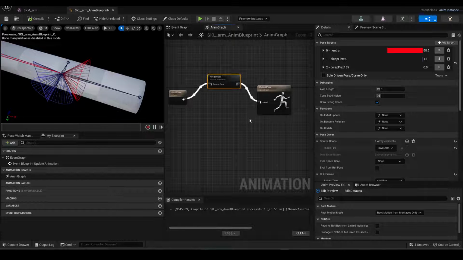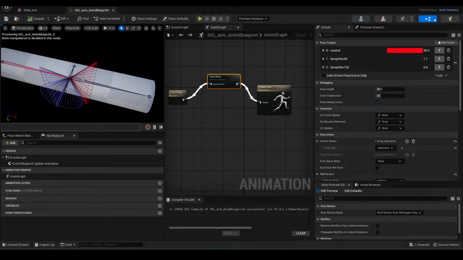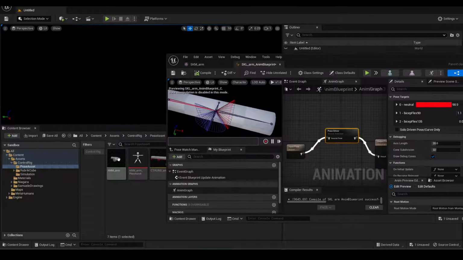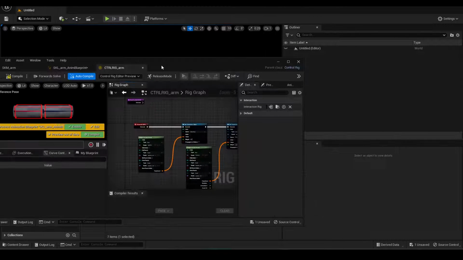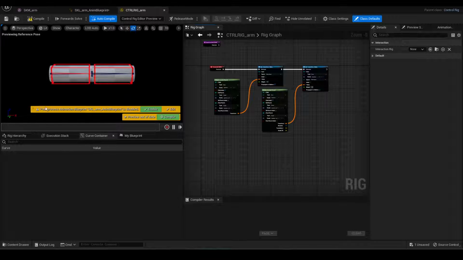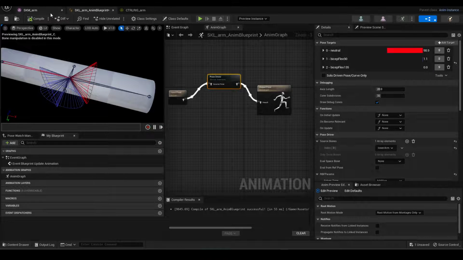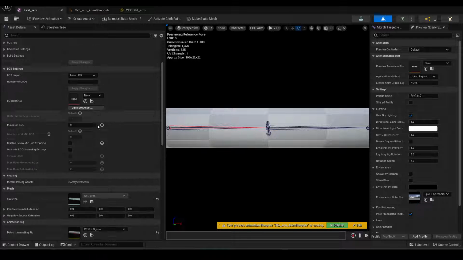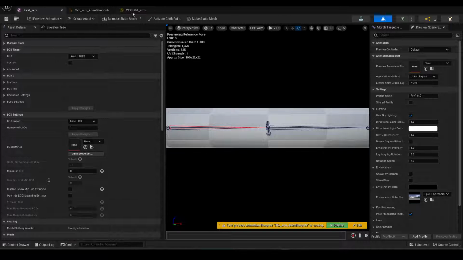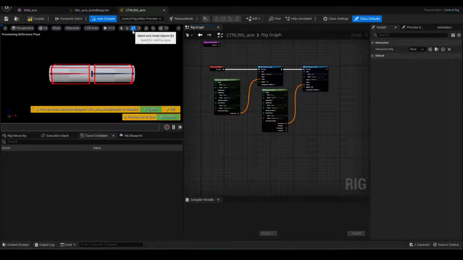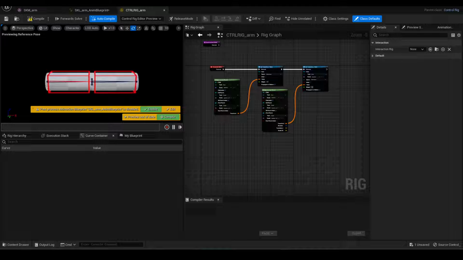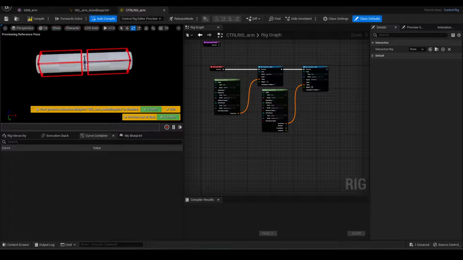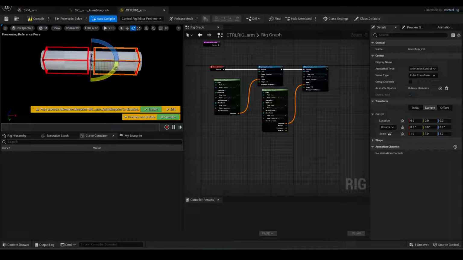So if I keep it like this for now, and I go back to the control rig, the control rig now says there is a post-process animation blueprint on the skeletal mesh. So we apply the animation blueprint to the skeletal mesh as a post-process animation blueprint, and control rig has recognized that, and it says, do you want me to show you the final result or only the results of the control rig per se?